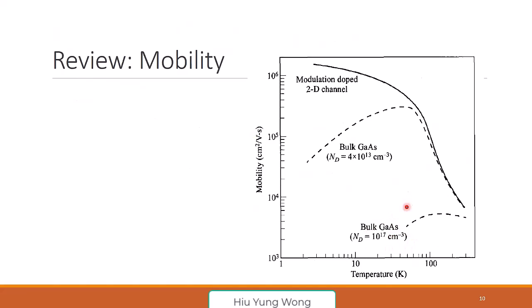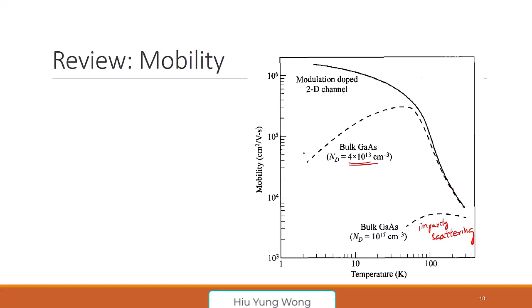If you have a high doping, you get this impurity scattering, so you have low mobility. If I reduce the doping to here, you see the mobility goes up, but when the temperature goes down, it still goes down again.